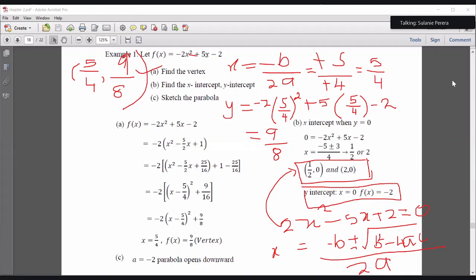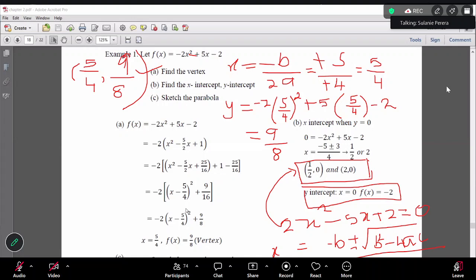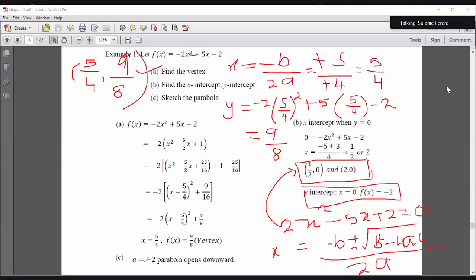31R? Yes. Can you tell me whether this will have a maximum or a minimum? So what is the sign in front of a? Speak up, I can't hear you.